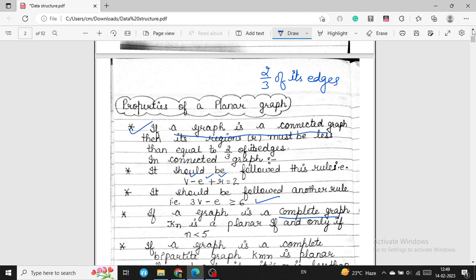Only this condition is given: planar if and only if n is less than 5, meaning the number of nodes is less than 5. Then you can say that this complete graph is a planar graph, because its nodes are less than 5.